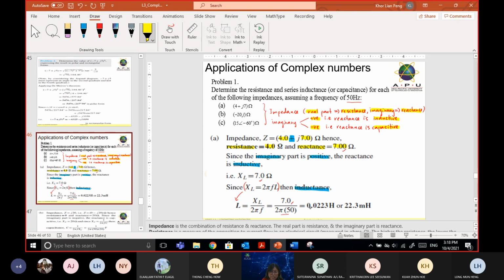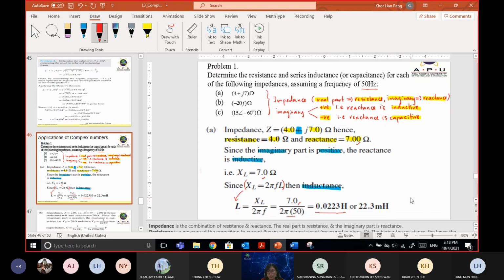This is already a correct answer. But because normally this value is quite small, the answers here put it in M, which refers to milli.